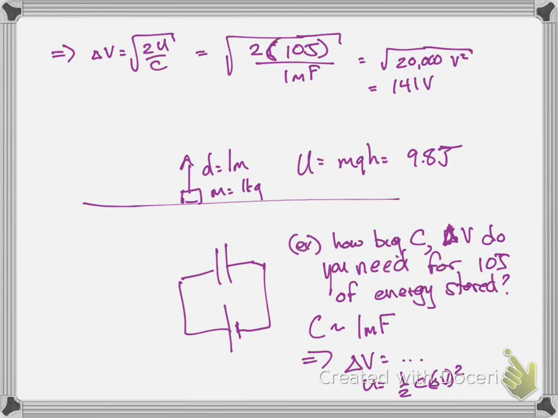So that ends up being 141 volts. That's not unreasonable. You can get 10 joules stored in a 1 millifarad capacitor by putting 141 volts across it. Remember that the wall outlet is about 120 volts AC. It's not unusual to be able to get 141 volts. Bigger than your standard battery, but still not unreasonable.